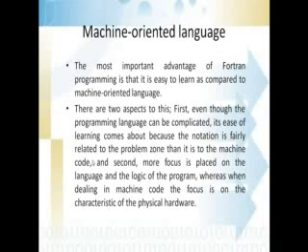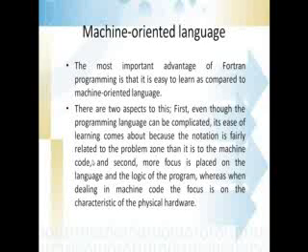Machine-oriented language. The most important advantage of Fortran is that it is easy to learn compared to machine-oriented language. There are two aspects of this. First, even though the programming language can be complicated, its ease of learning comes about because the notation is fairly related to the problem zone, not to the machine code.